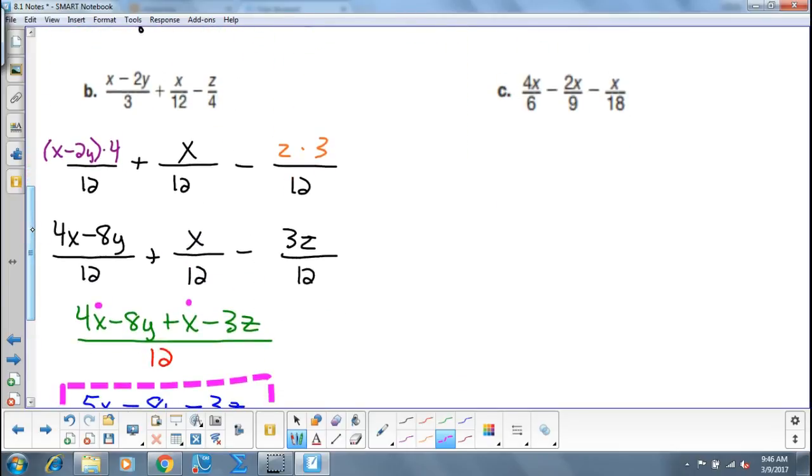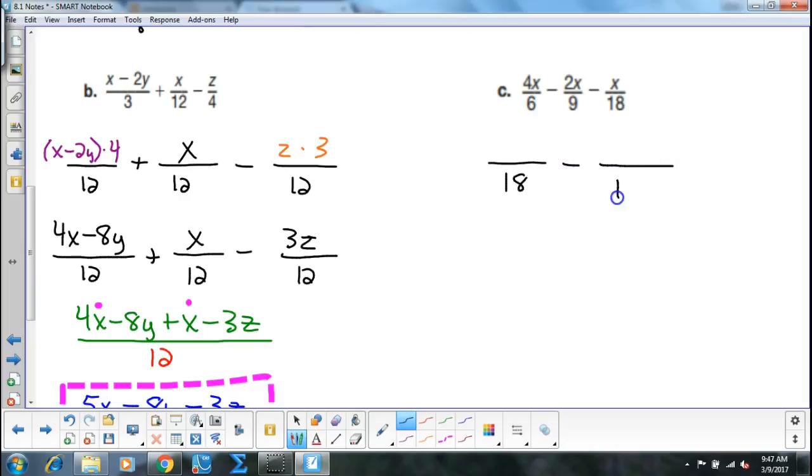Common denominator in C. 18. First one, what do I have to multiply it by? 3. Second one, what do I have to multiply it by? 2.